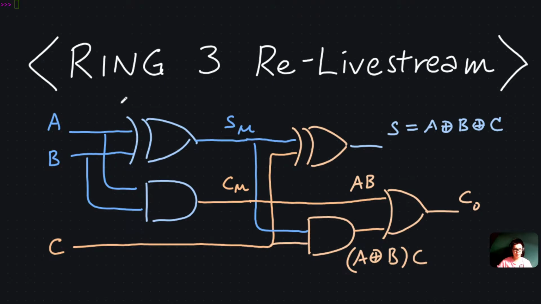The sum would be denoted as S of M, so sum intermediate, while the carryover would then be one of the ways to activate the carryover out. So in this case, AB would be on, while C would be off.